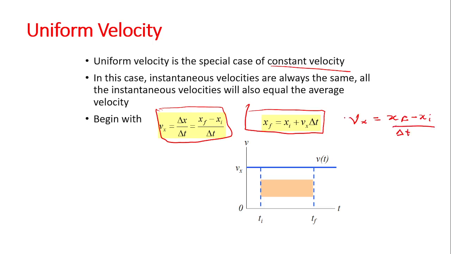You cross multiply, and you are going to have Vx times change in time is equal to xf minus xi. This one goes to the other side. Xf is equal to xi plus Vx times change in time. So this formula and that formula are just relatable, and you can derive this one from that one.